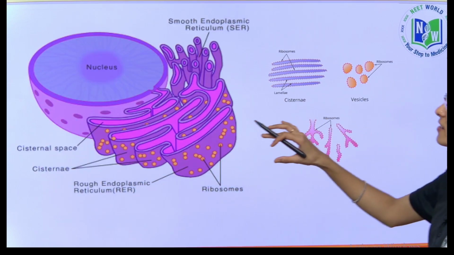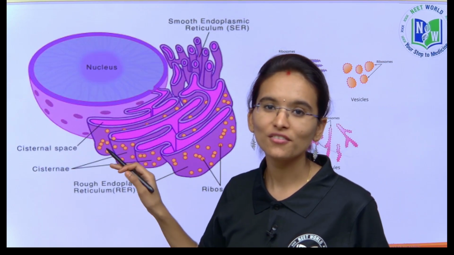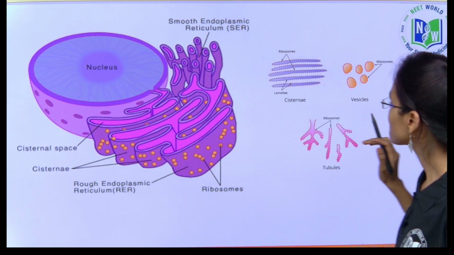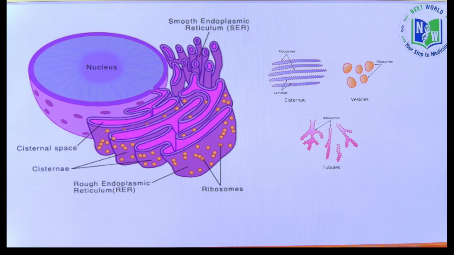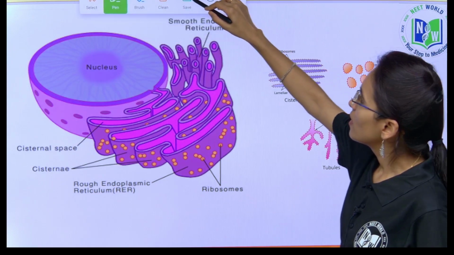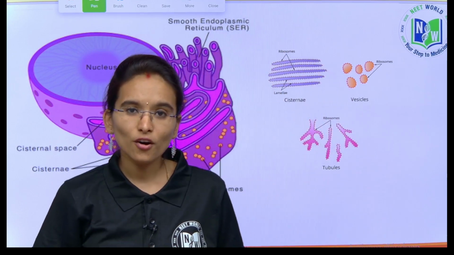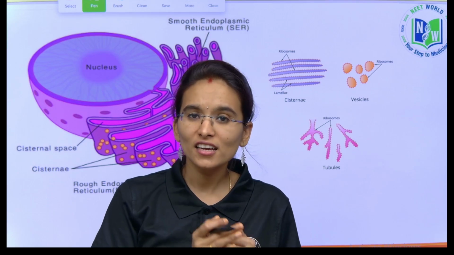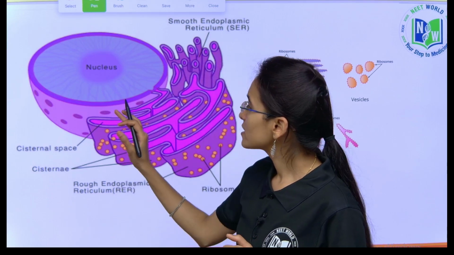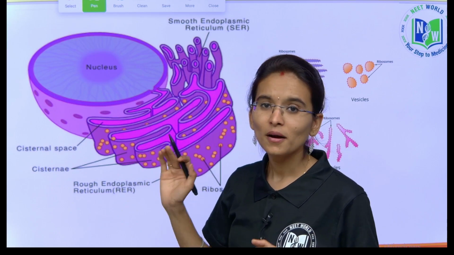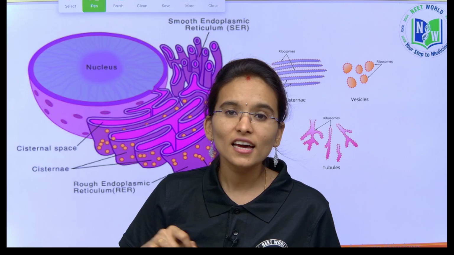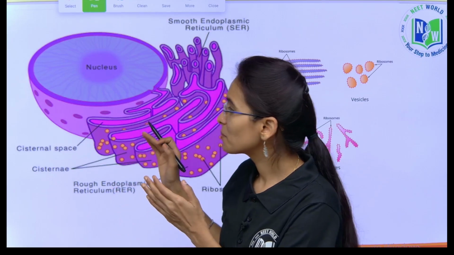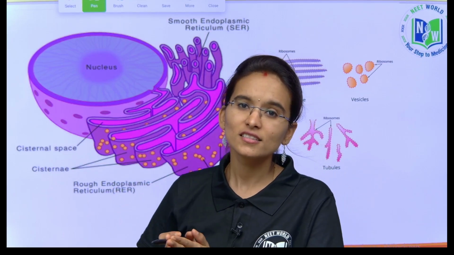See here, children, this is the actual structure of an endoplasmic reticulum. Inside the cytoplasm of the cell, the endoplasmic reticulum may remain attached to the nucleus, or it may surround the entire cell membrane, or it may be present towards the end of the cytoplasm.